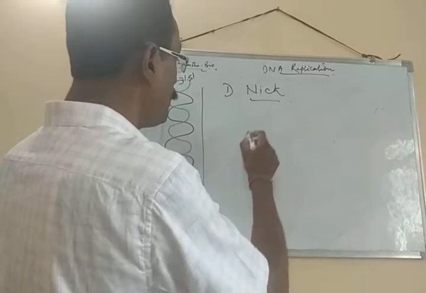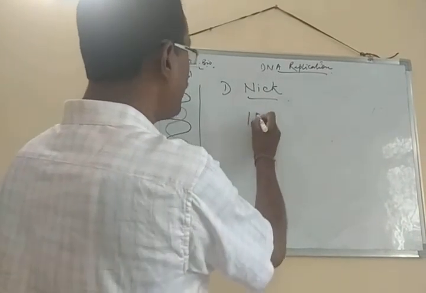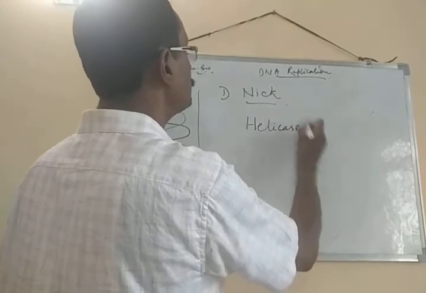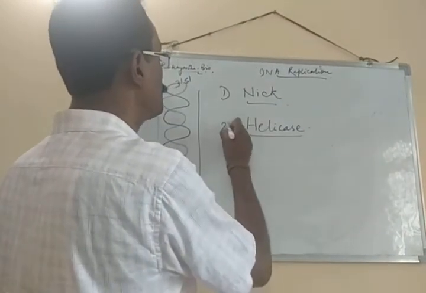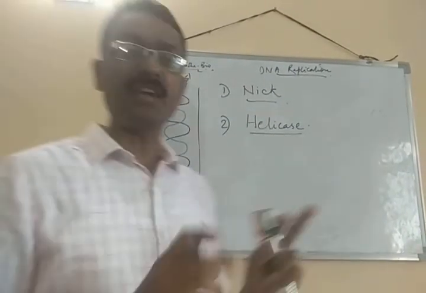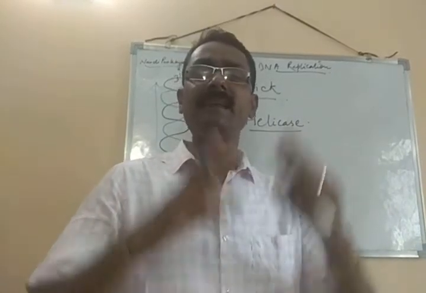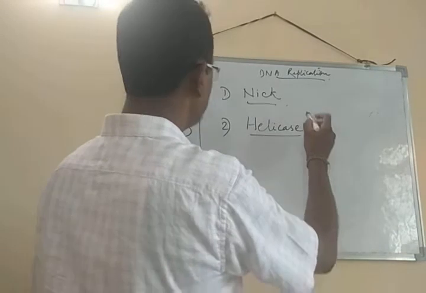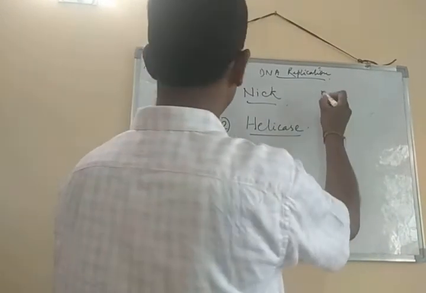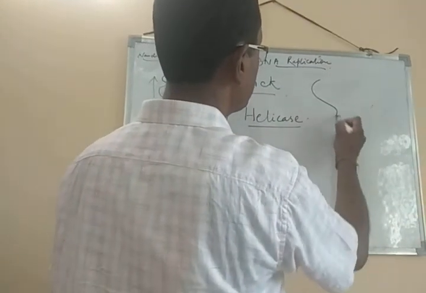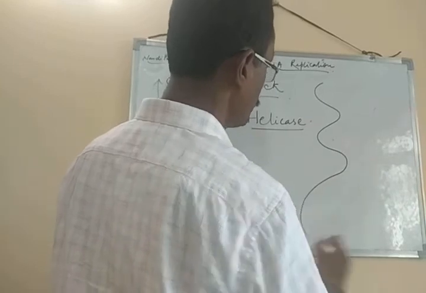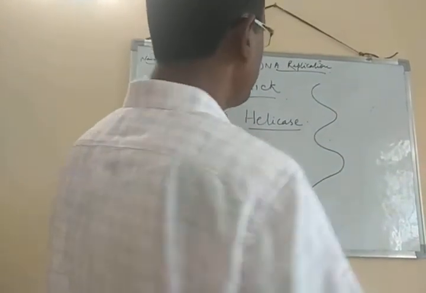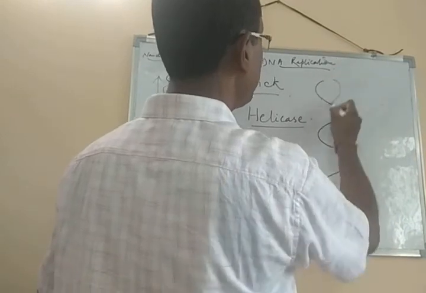Okay. Now, one enzyme called helicase. Number 2, helicase, which helps in breaking the hydrogen bond. So, this is the DNA strand, and along with it, there is another DNA strand.